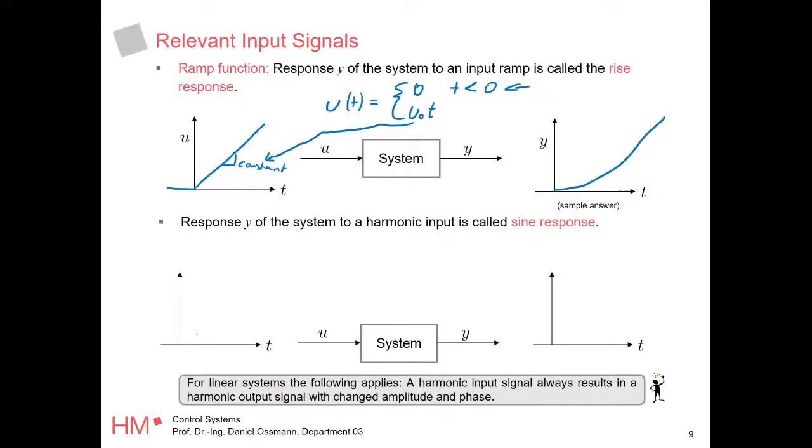Okay, the other one is the sine wave, or the sine input, which gives you the sine response. This will be especially important later on when we move to the Laplace and frequency domain. Now I try to draw a sine input. Okay, not that bad this time. So u of t is, again, 0 for t smaller than 0. This, by the way, should be otherwise, of course.